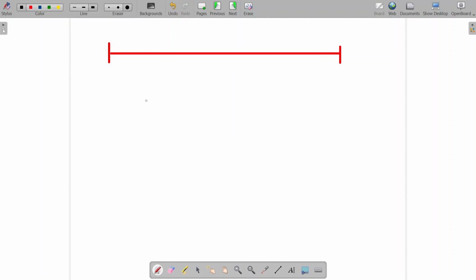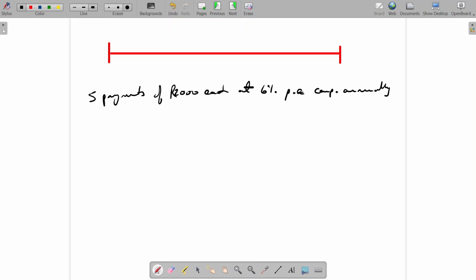Okay, so let's do 5 payments of 2,000 Rand each at 6% per annum. Just something really straightforward. Okay, it is compounded annually. Okay, I just want to keep this thing fairly straightforward for the moment.